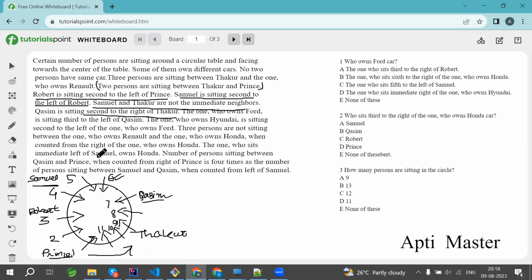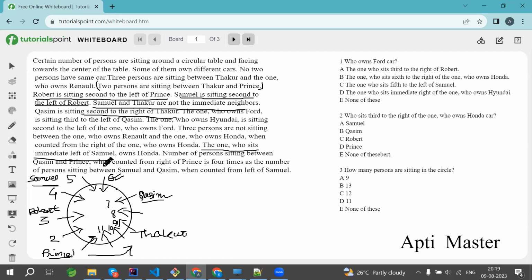The one who sits immediate left of Samuel owns Honda. Just see this one first. The one who sits immediate left of Samuel. I am pointing this line because we know now where Samuel is. Okay, the one who sits immediate left of Samuel. So Samuel's left means sixth position, right?